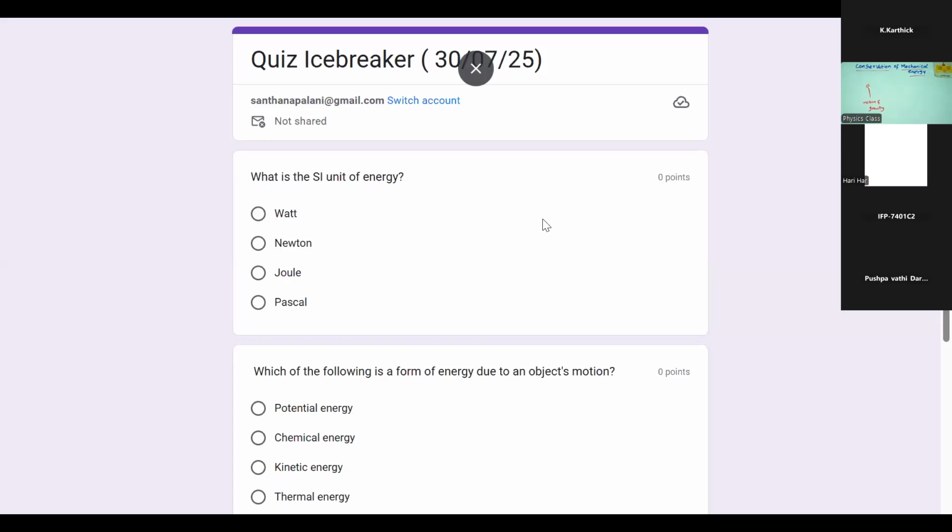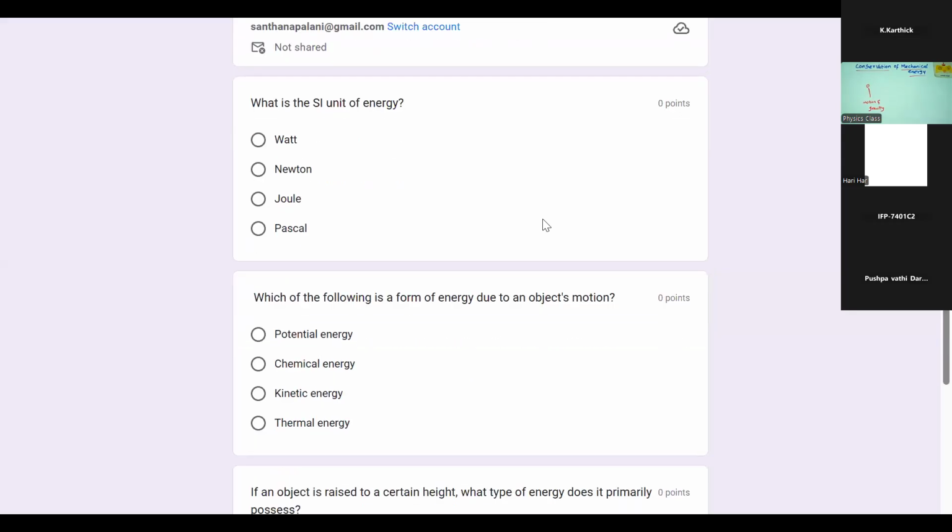This is the first question. What is the SI unit of energy? If you know the answer, please type in the chat box, or you can unmute yourself and tell the answer. What is the SI unit of energy?